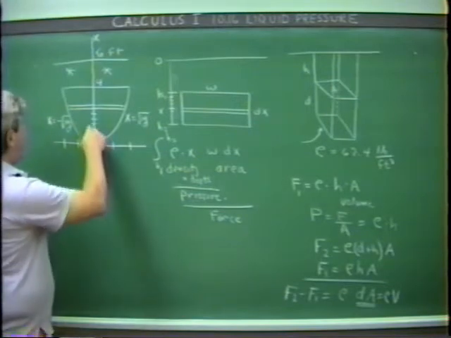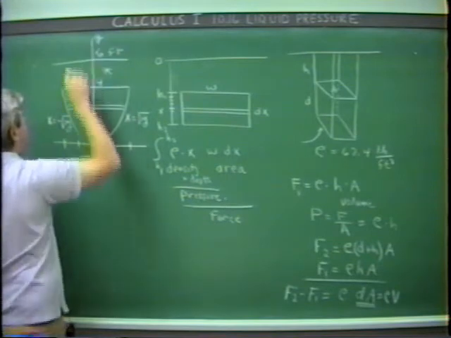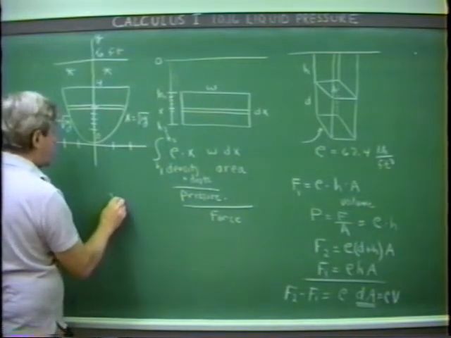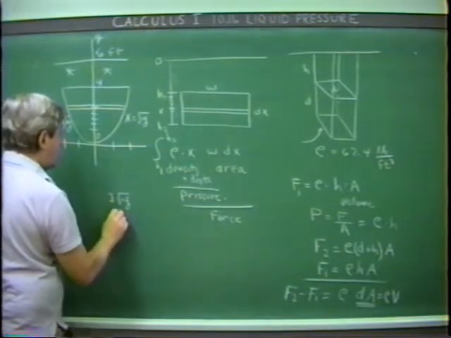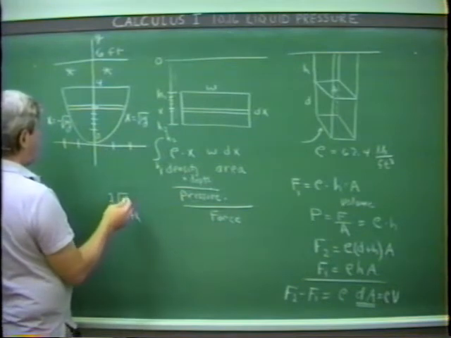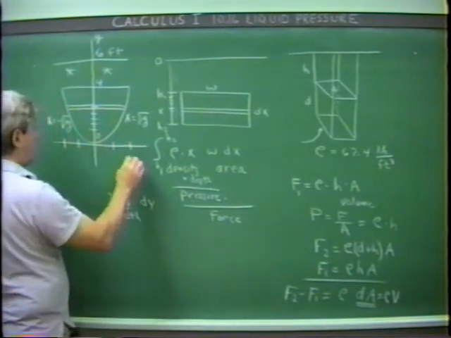And so the width here at a particular value y, I guess we're using this as a y-axis now, right? For a particular value y is going to be 2 times the square root of y. This is the width.